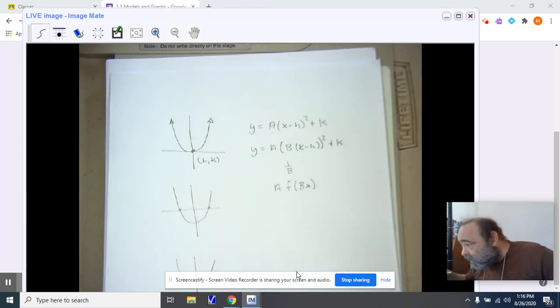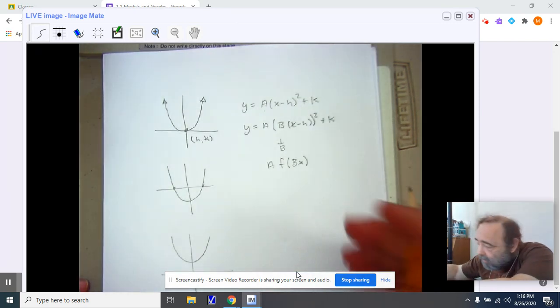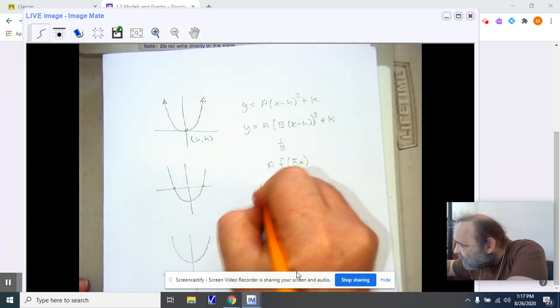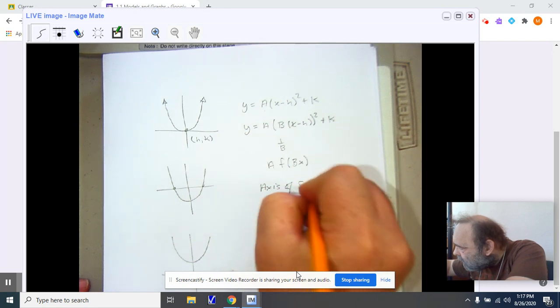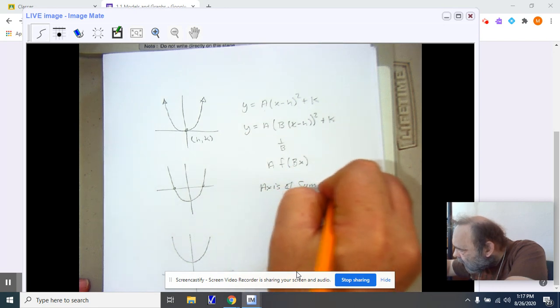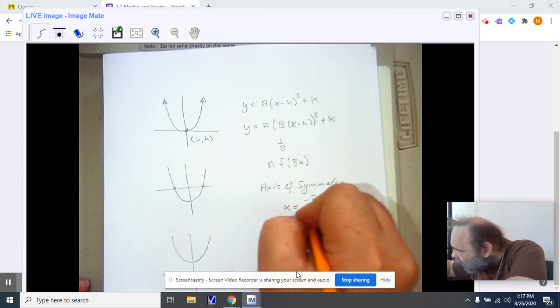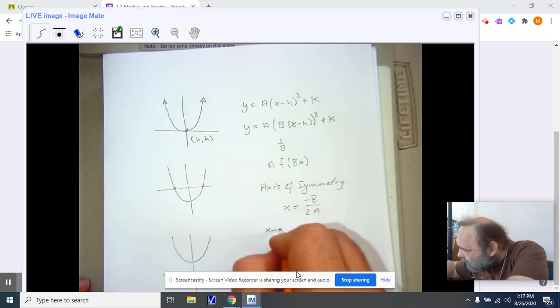Okay, please be aware the graphs that I will expect you to have basic information about are like this one, where we have a quadratic that has an axis of symmetry. And the axis of symmetry is x equals negative b over 2a. We have our x-intercepts.